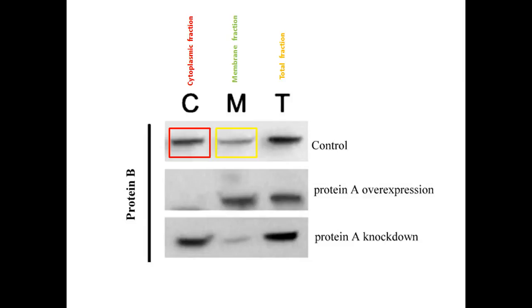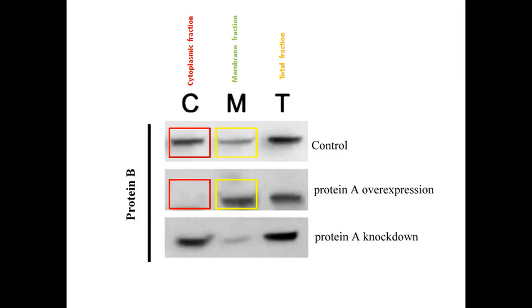And when you overexpress protein A, you would see in the yellow box protein B is mainly present in the membrane bound fraction. But see, in the cytoplasmic fraction there is no protein B. That means protein A is actually helping protein B to localize into the membrane.